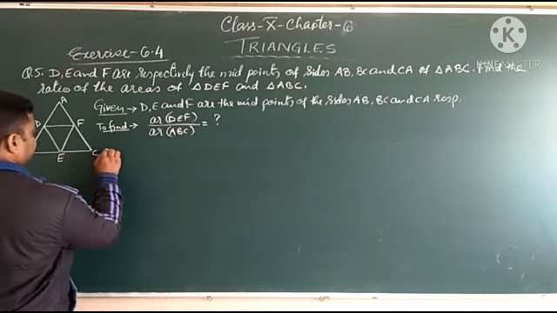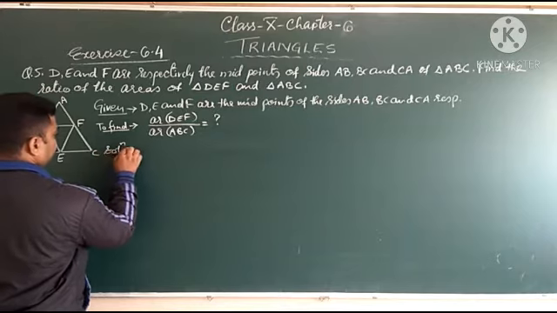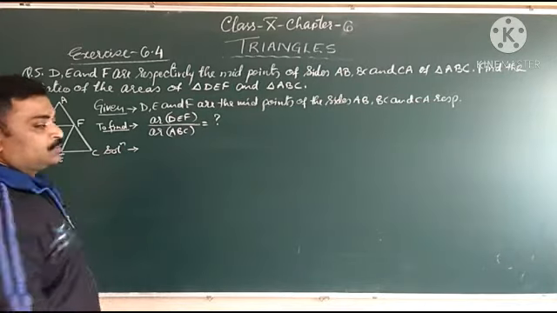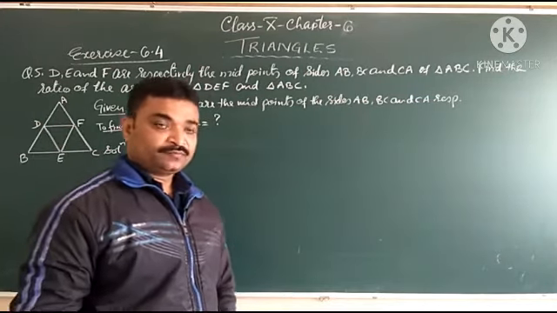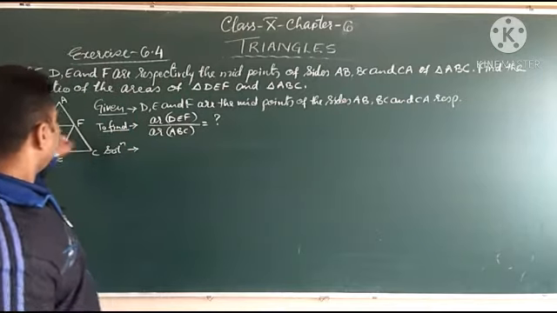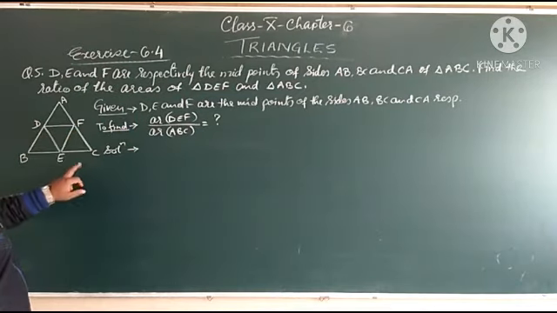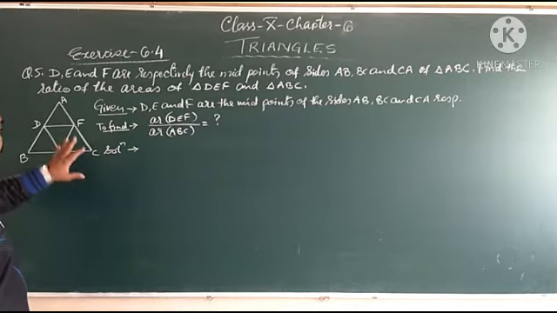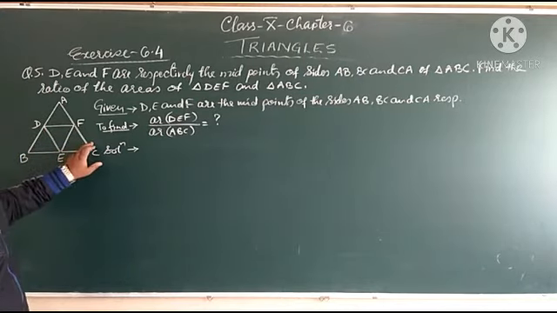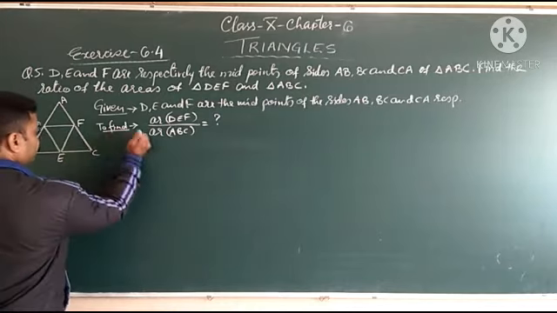Now solution. We will apply the midpoint theorem because D, E and F are the midpoints of the sides AB, BC and CA. Clear? So we will write the solution from here.